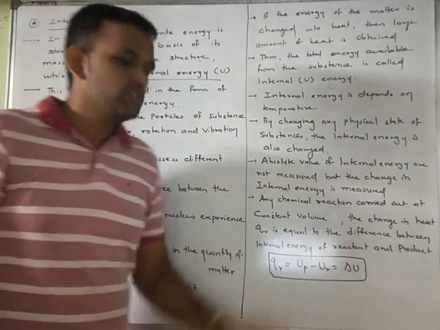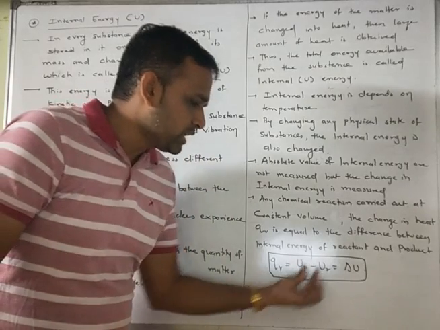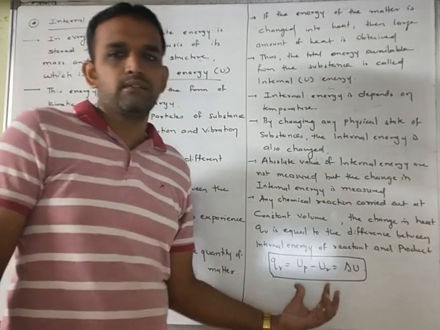So UP minus UR means the internal energy of the product and internal energy of the reactant. The difference is there, right?